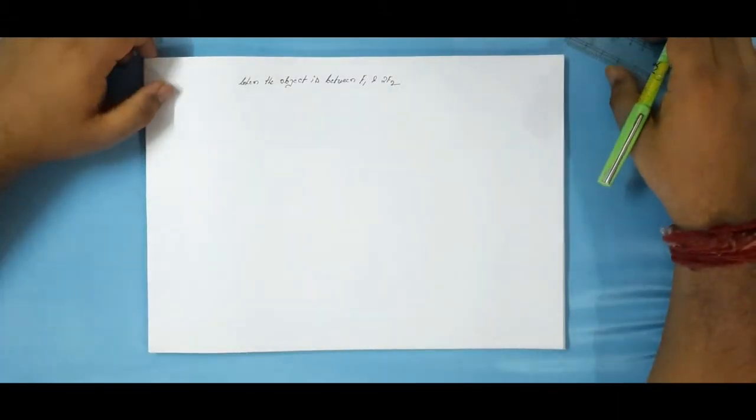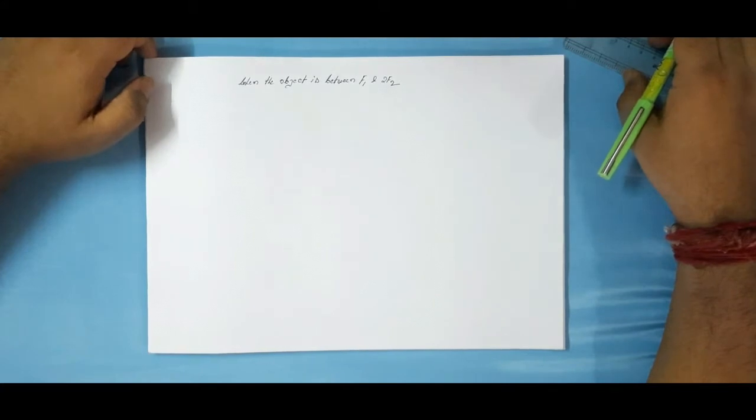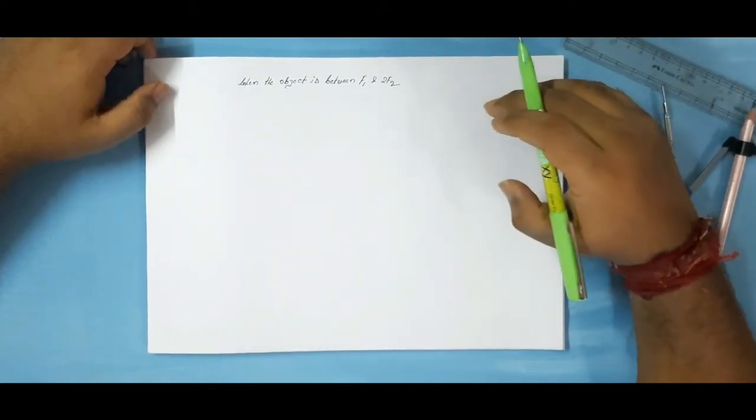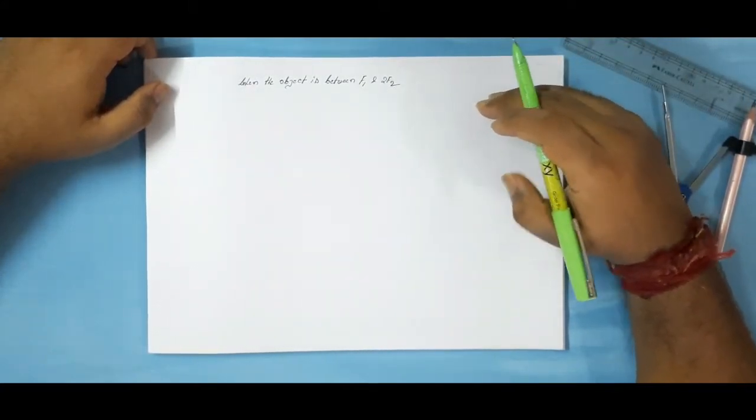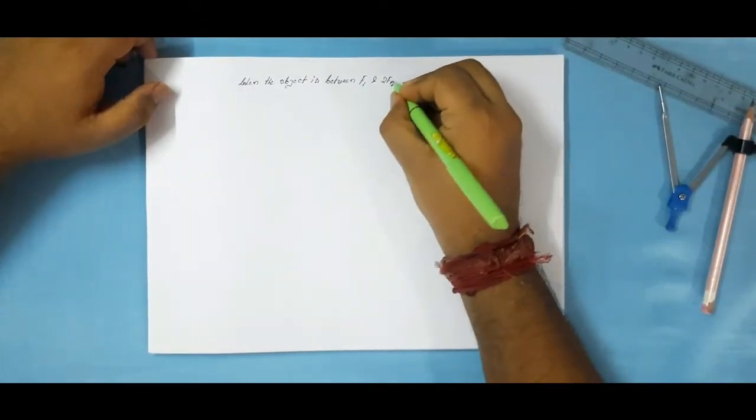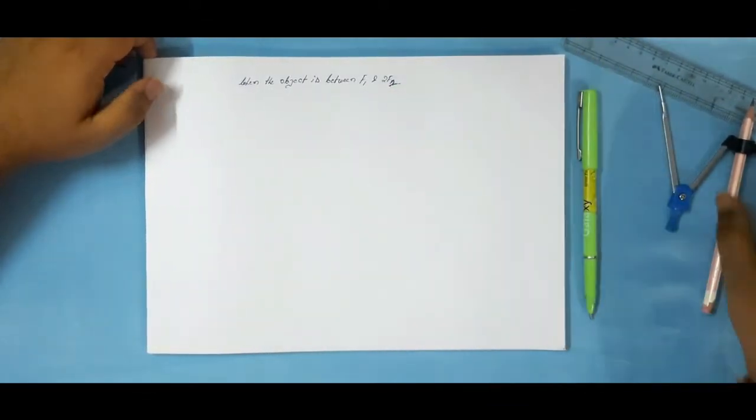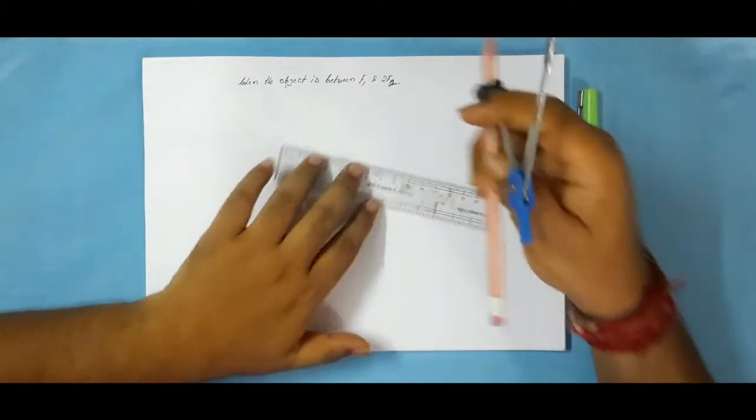The third one, when the object is placed between f1 and 2f1. Now again, we have to draw a line.